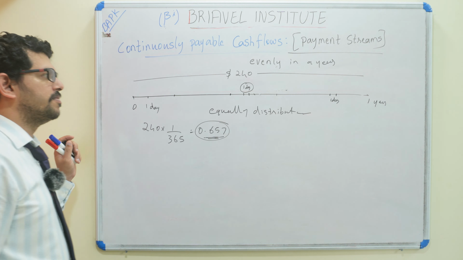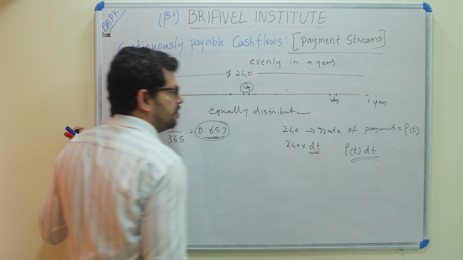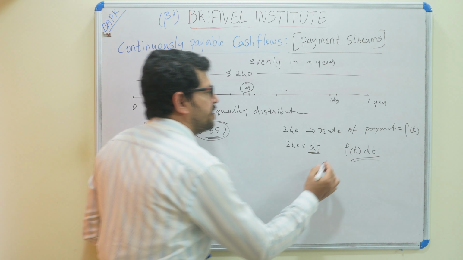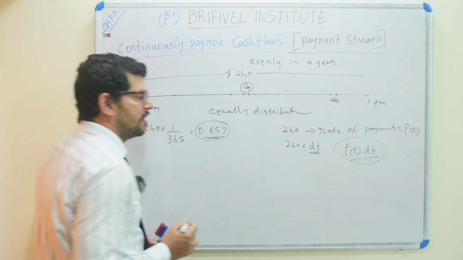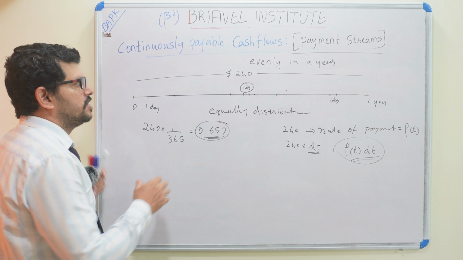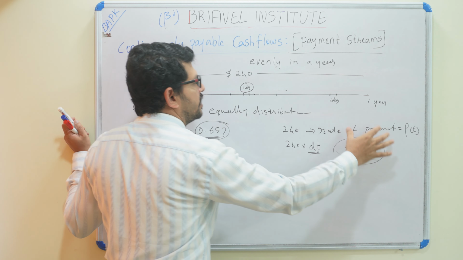So rho t dt is the payment in a particular small time interval. The rate of payment is 240, and to find how much is paid in a small time period, we multiply by that small time period.